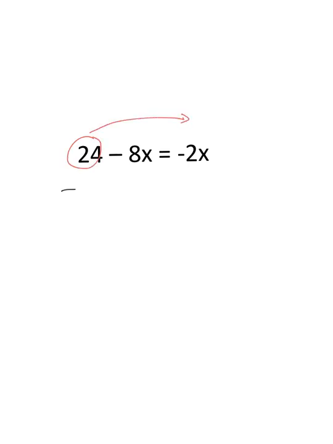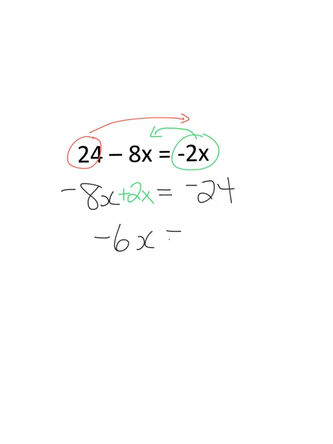That means I'm going to leave the negative 8x, and that 24 will become negative 24. And I'm going to move the negative 2x over to the left, and it will become positive 2x. We get negative 6x equals negative 24, and divide out by negative 6, and we get x equals positive 4. Watch your signs, negative 24 divided by negative 6.